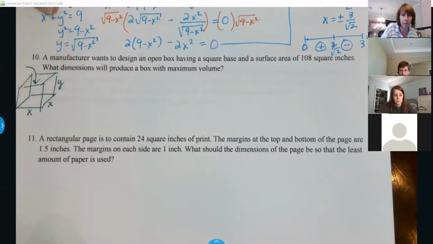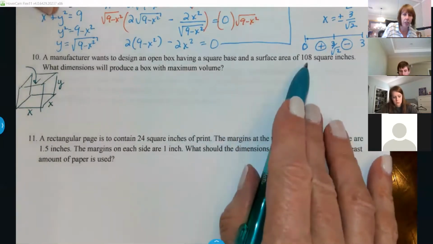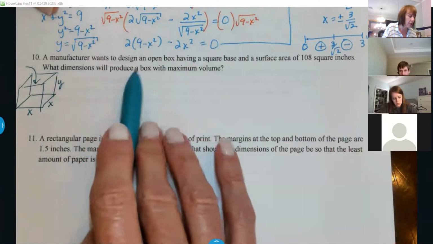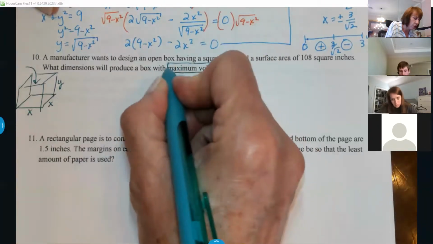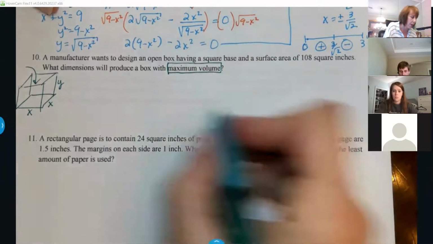Don't know what y is, don't know what the height is. It has a surface area of 108 square inches, and we want to find the dimensions that will produce a box with maximum volume. So always cue into what you're trying to find the maximum of: the maximum volume. That's where you should start.